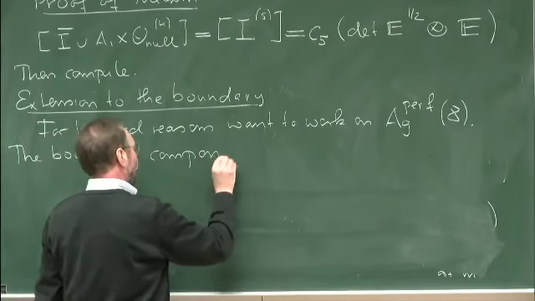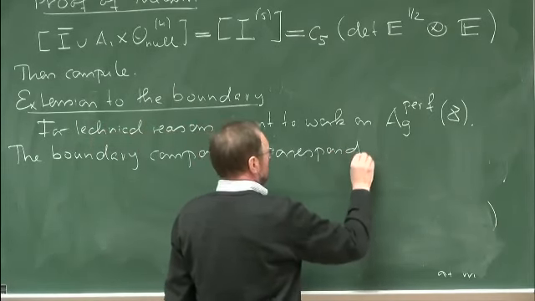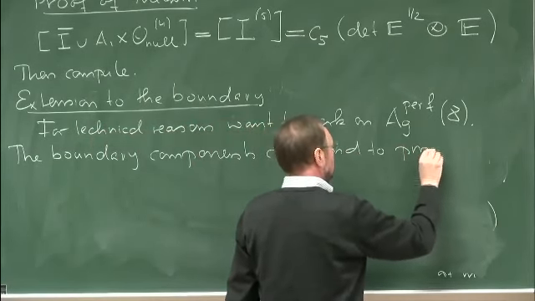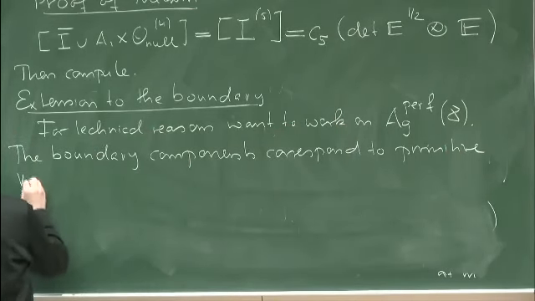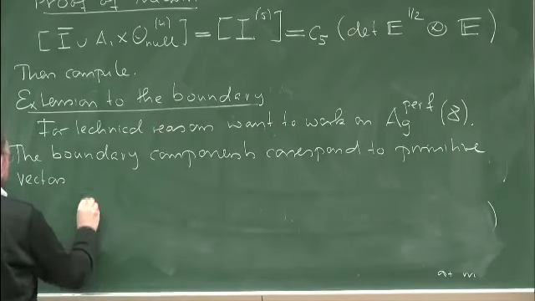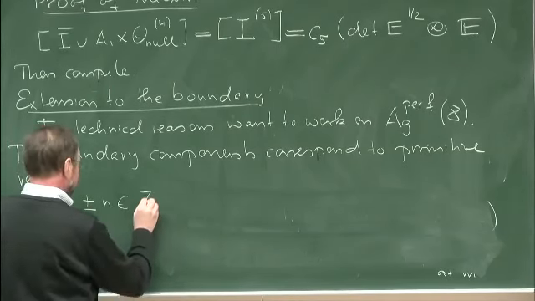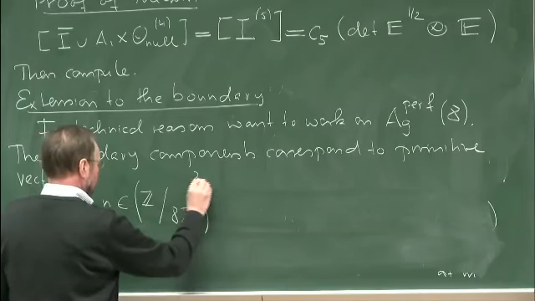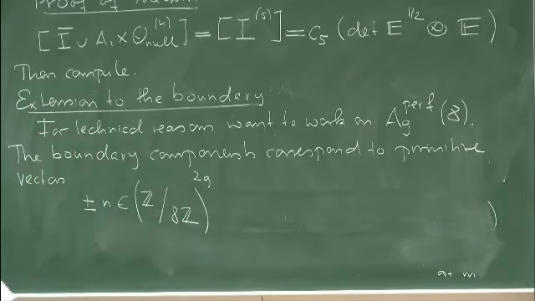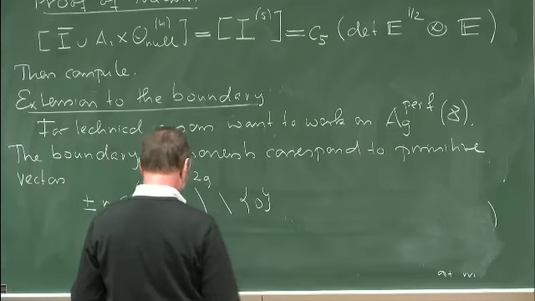Components correspond to primitive, I'll say a word about this in a second, vectors plus or minus n. I mean, plus and minus n give the same boundary component, in Z over 8Z to the power of 2g minus the origin.